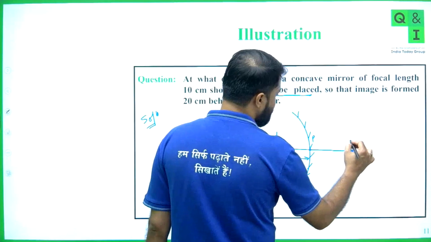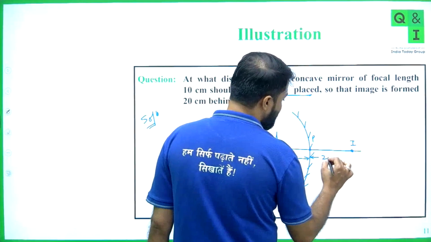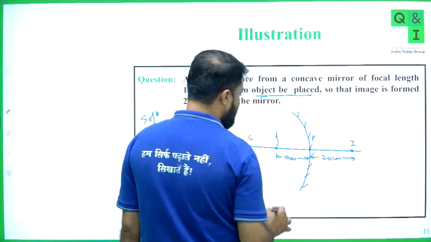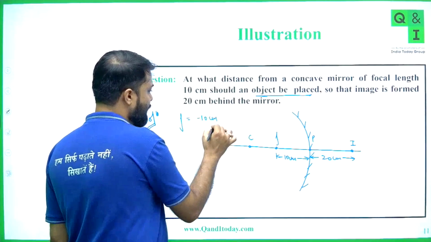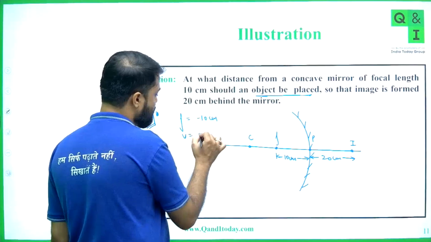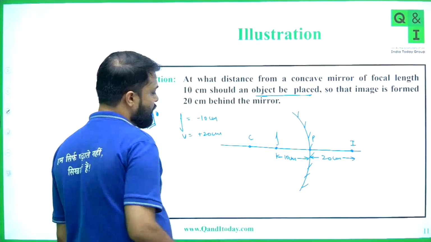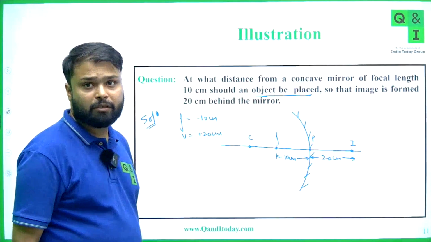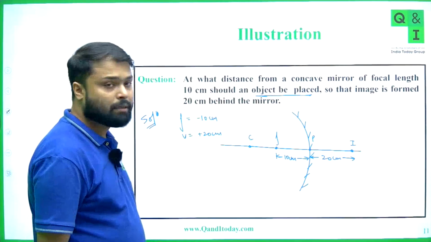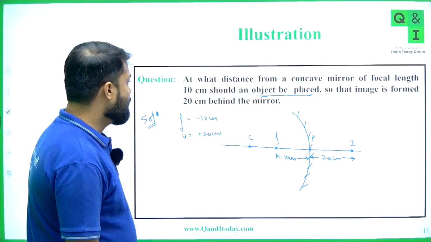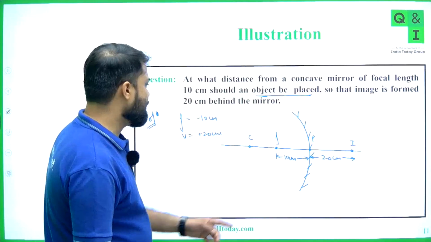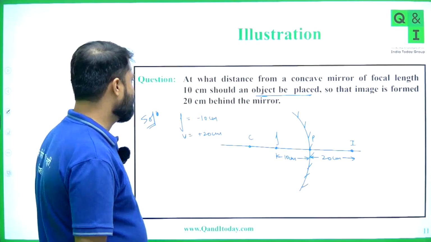So here F is minus 10, yes or no? And V is plus 20. Anyone having doubt with the sign convention? Yes or no?